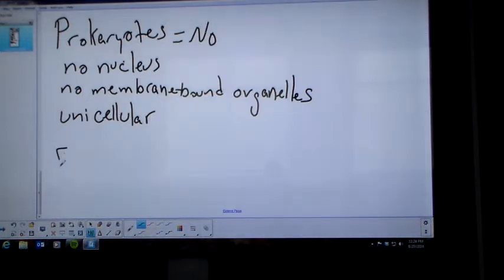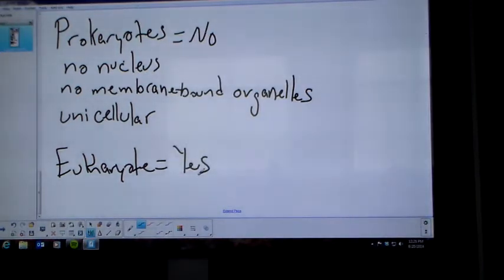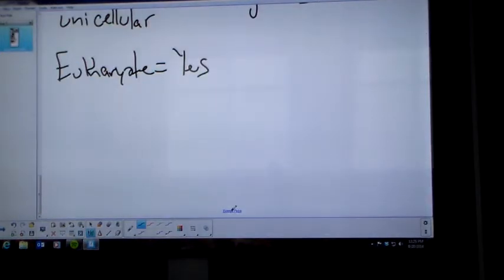The other type is eukaryote. And U means what? U means yes. Very good. So they have a nucleus. They also have membrane-bound organelles.